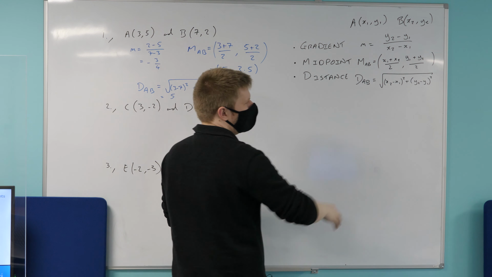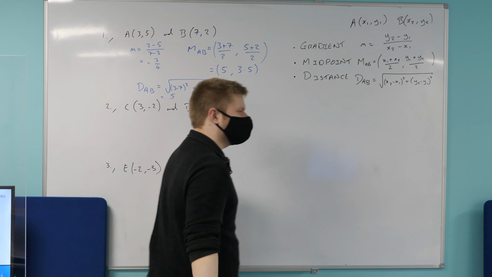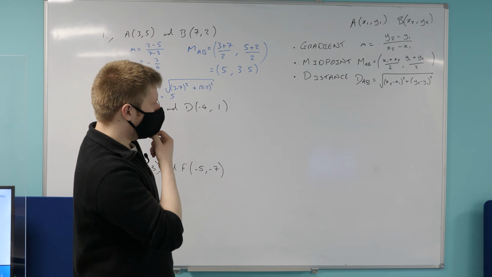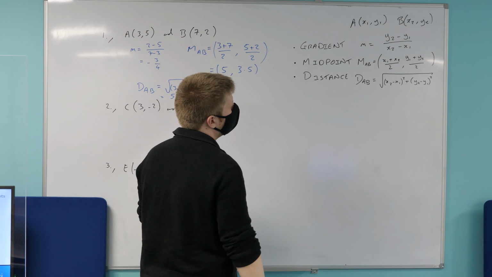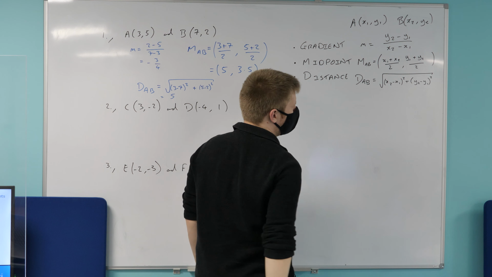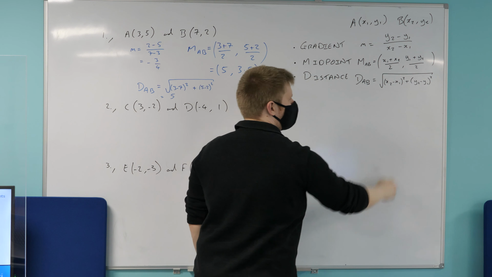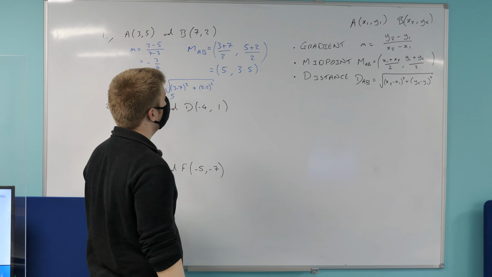Does that make sense? And if you add, it doesn't matter whether you do the x's or the y's first. So the only one where it really matters about the order is the gradient. As long as you do the midpoint with the x's first and the y's second, that's fine. And same with the distance.